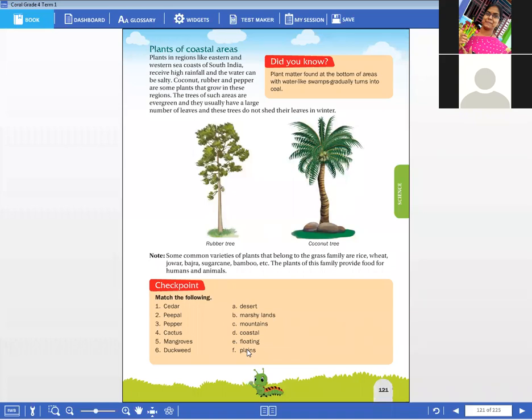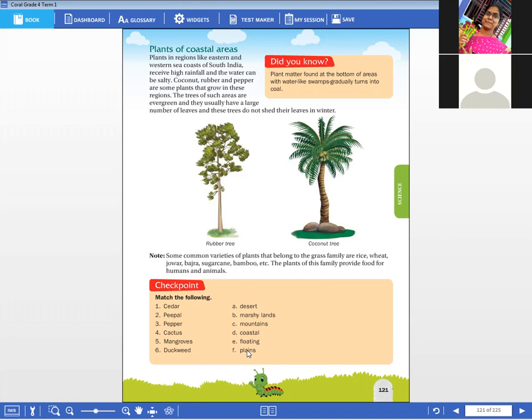Or else who doesn't possess textbooks, please take a notebook and write it. Today's hard words from the topic of plants of coastal areas. Plants of coastal areas. Now note down the hard words, children.